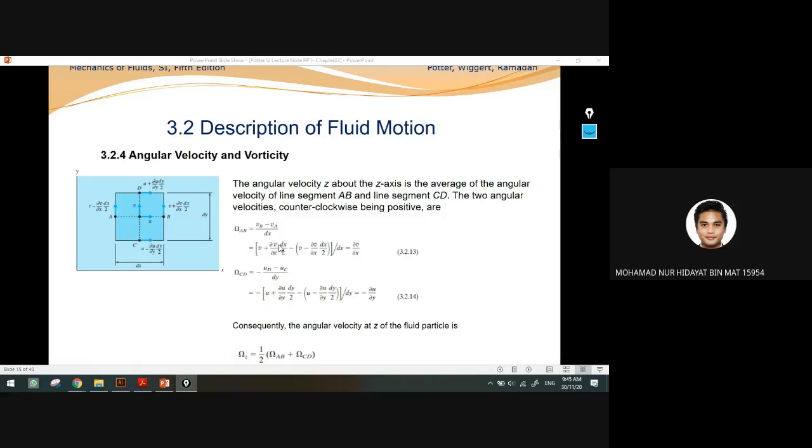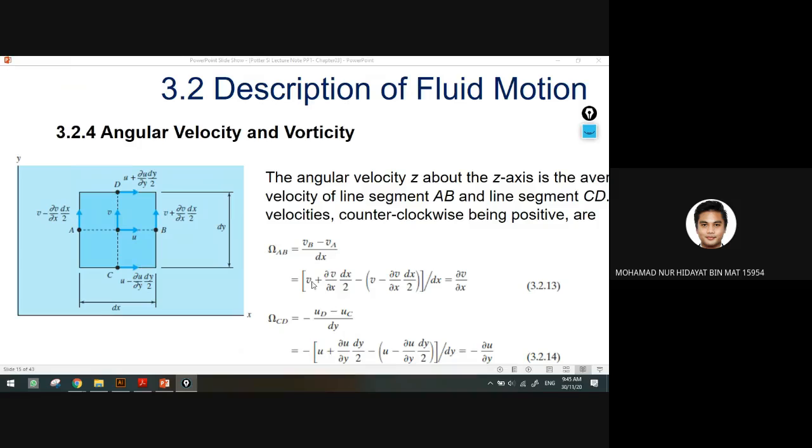How does it work? Remember we have got the answer: VB is equal to V plus all these terms you put inside this equation, minus VA. This is VA. You substitute into this equation and divide by dx, the distance.